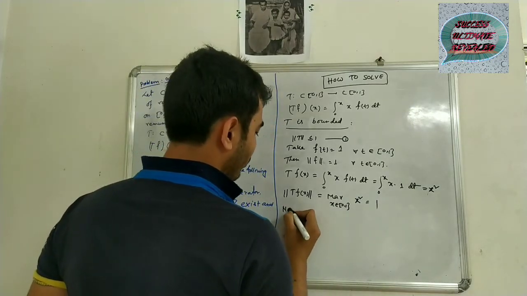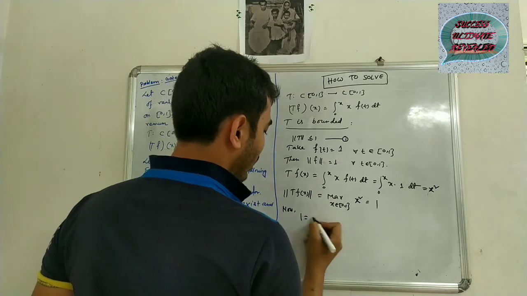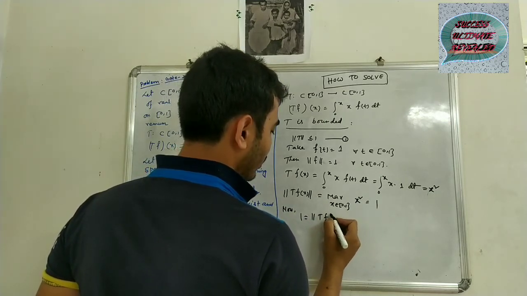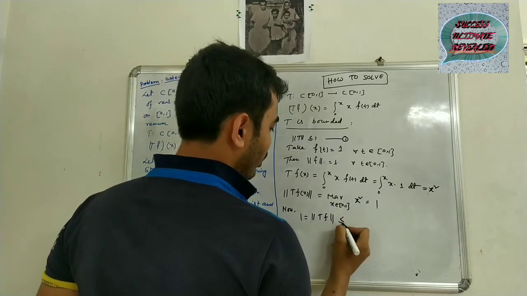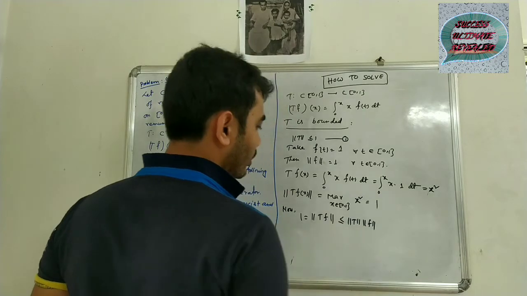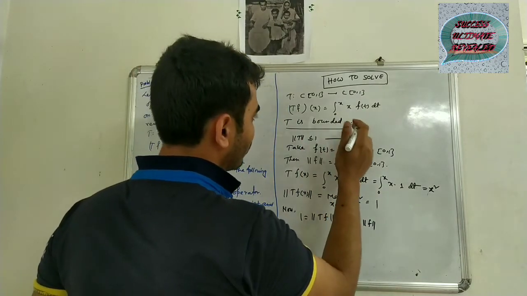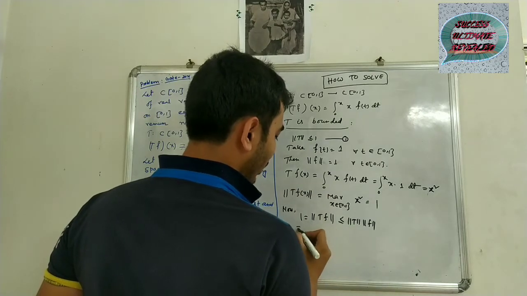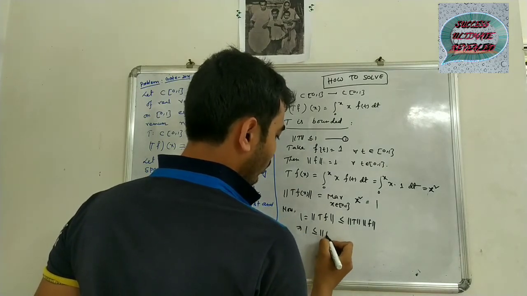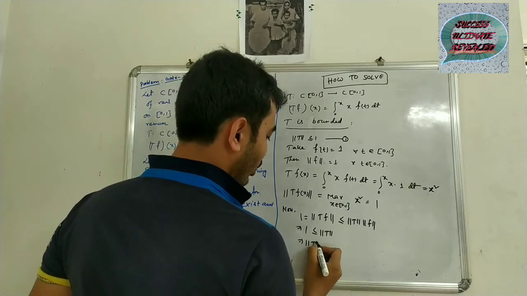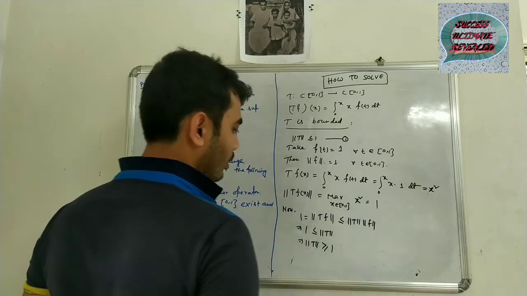Now 1 equals norm of Tf, this is less than or equal to norm of T into norm of f, and norm of f equals 1. So this implies 1 is less than or equal to norm of T. So ultimately we get norm of T greater than or equal to 1.